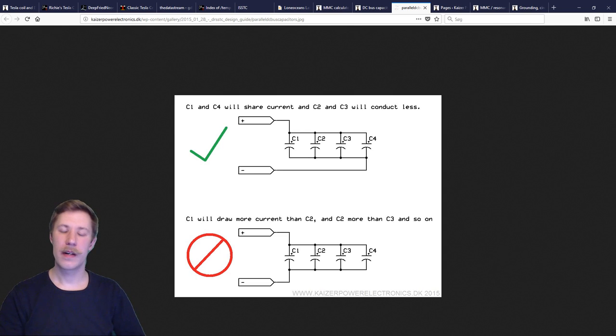As we can see here, if we place things in parallel, it is important to ensure even current sharing. Because in the bottom illustration, C1 would conduct maybe 50% more current than C4. So there's no doubt that C1 will fail before C4 does, and you have no benefit of the paralleled capacitors. But if you ensure an even current path, you have.